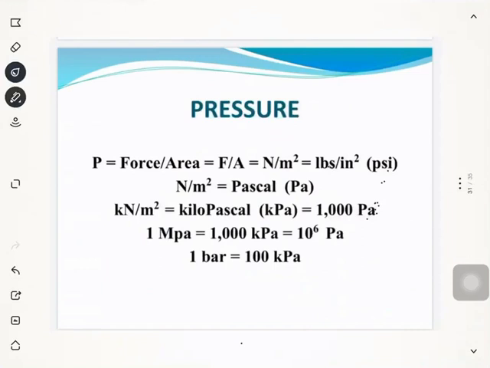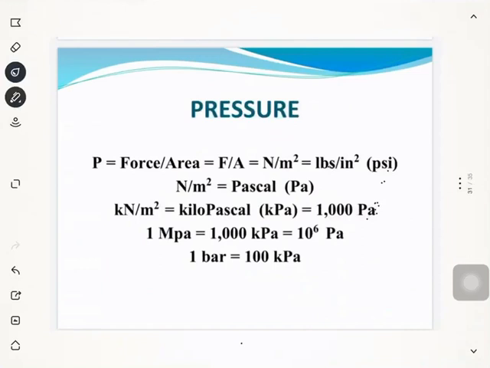So next we will discuss another thermodynamic property. Here you have the pressure. The pressure is force per unit area, or Newton per meter squared in SI units, or pound per square inch, or PSI. The Newton over m squared is equivalent to Pascal.